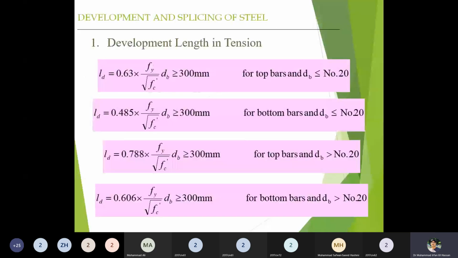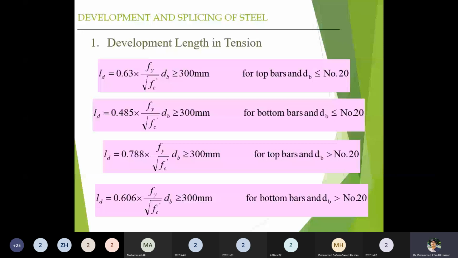These are the expressions for the development length if the steel is in tension: if that part of the footing is in tension, you have to use the tension dowel development length, and this development length depends only upon the diameter of the bar, the yield strength of the steel, and the compressive strength of the concrete.